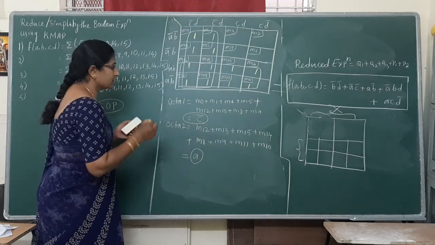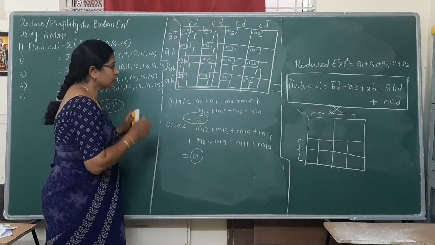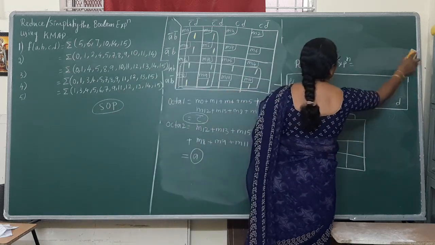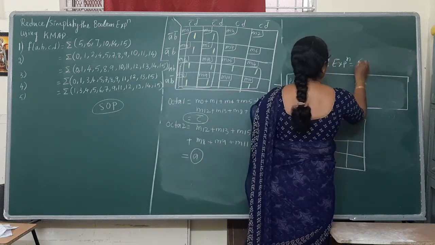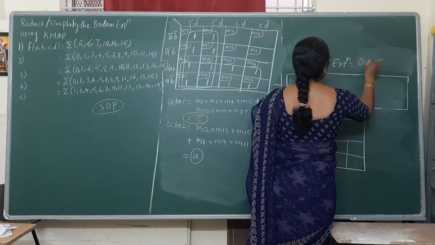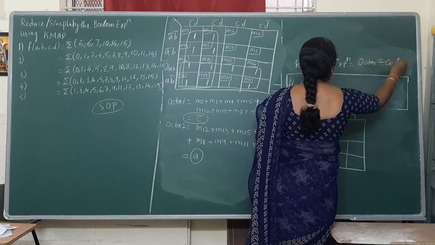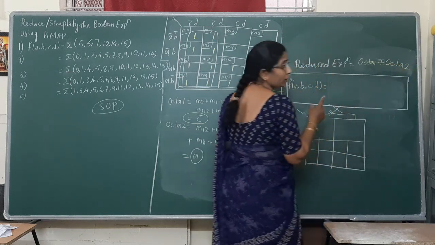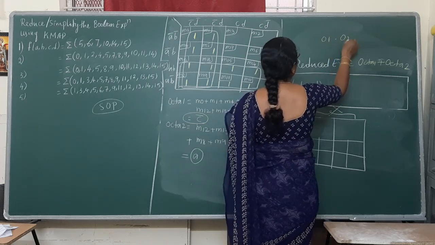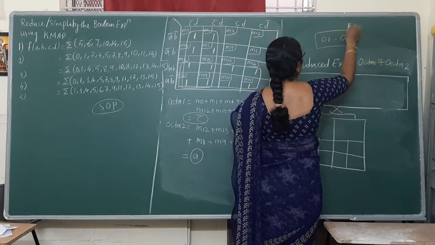And please concentrate here on how to write the reduced expression. The reduced expression equals only octa 1 plus octa 2. This is important. Please don't write octa 1 and octa 2. That would be the POS format.